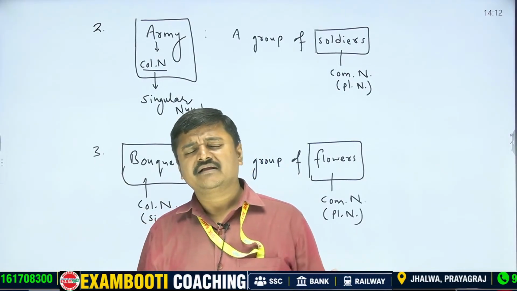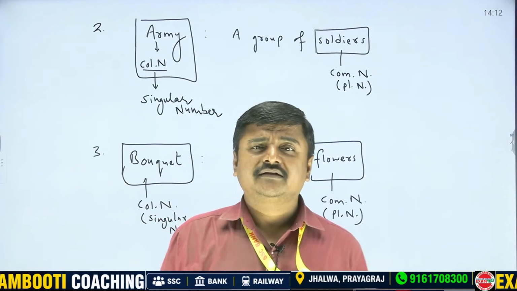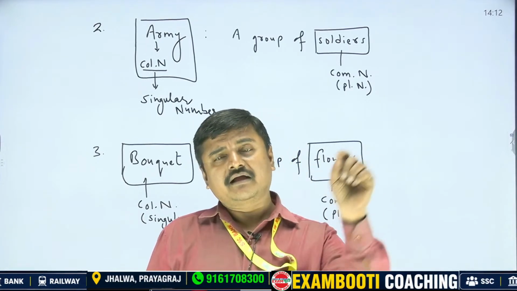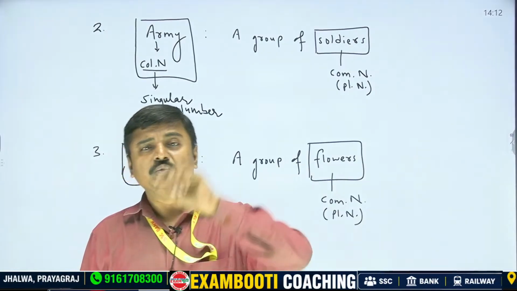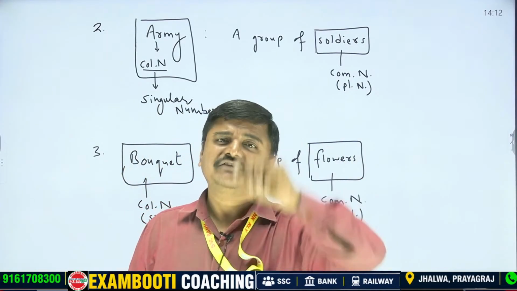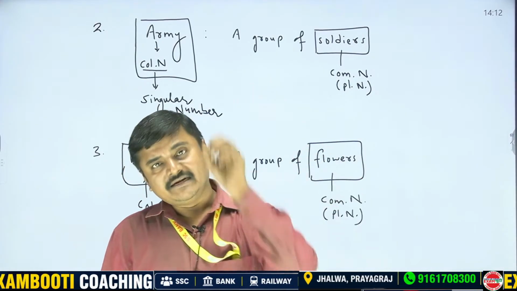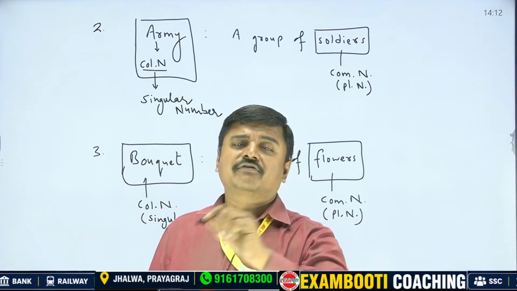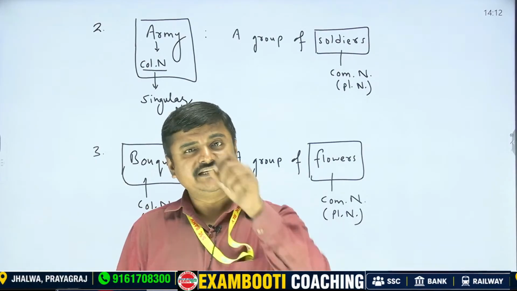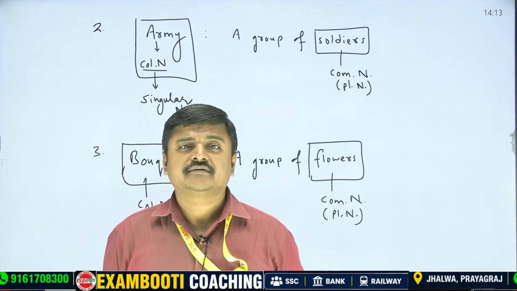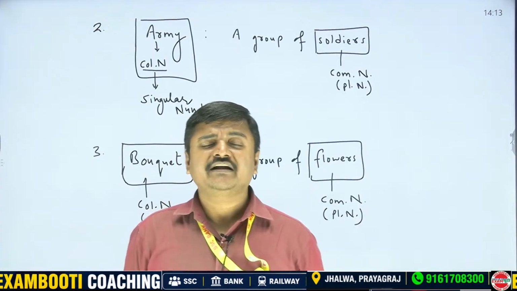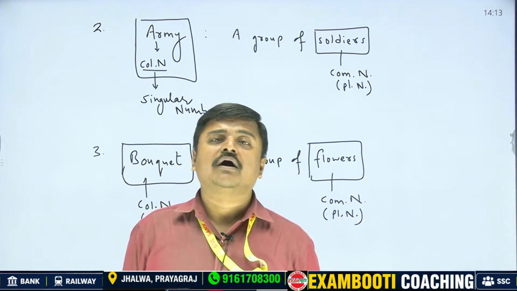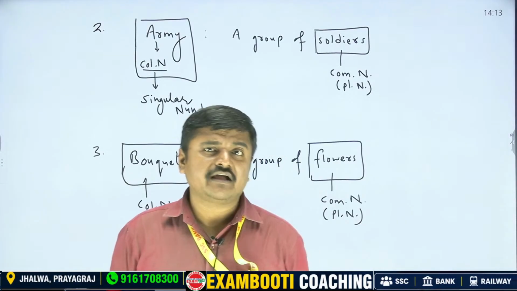Anybody can make a guess, but to be sure about a noun being a collective noun, you have to have the word before in your mind. That's how you can spot it right from the beginning when you see the word. If you haven't memorized it, if you haven't learned it before, you are not going to identify it.